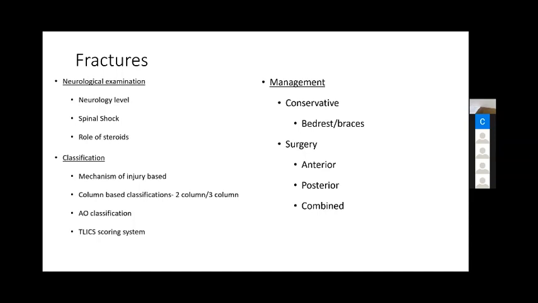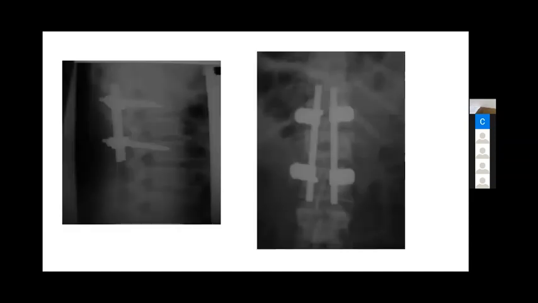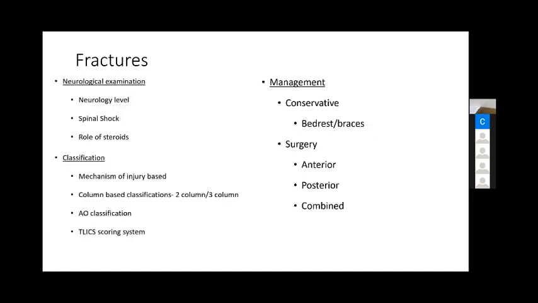What I haven't gone through here is because you haven't given me all the information I needed. So I didn't go up to classification, but the classification of these fractures is based on mechanism of injury: the Denis classification, three-column injury or two columns, or the AO classification. The current one which most people are using is the TLICS scoring system.